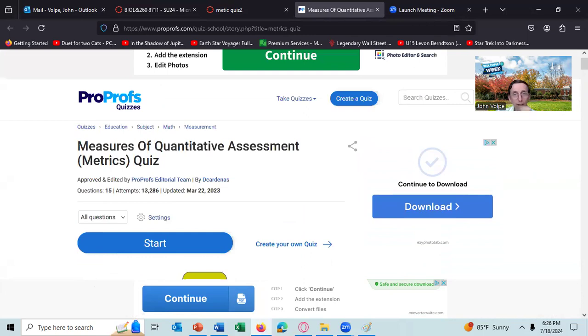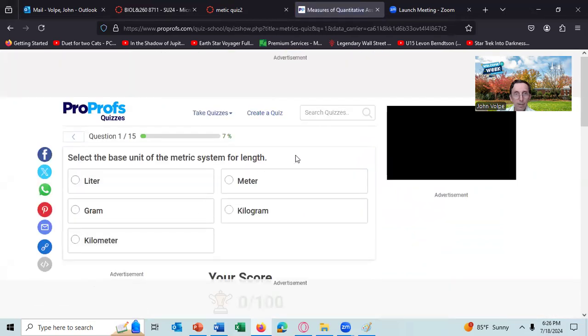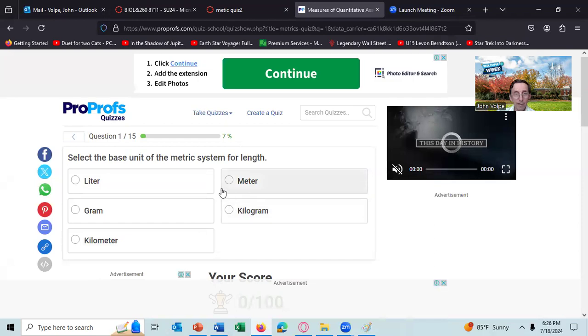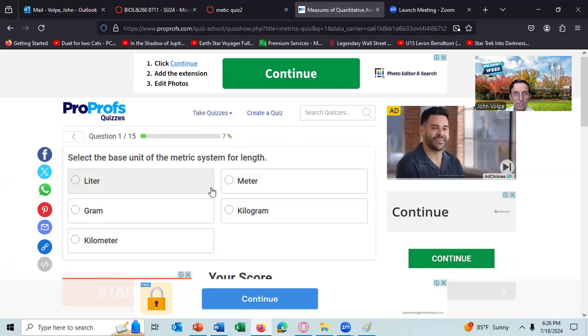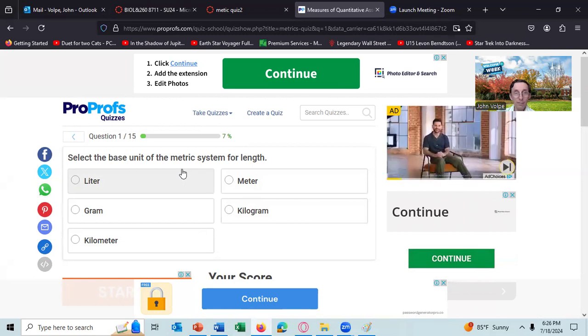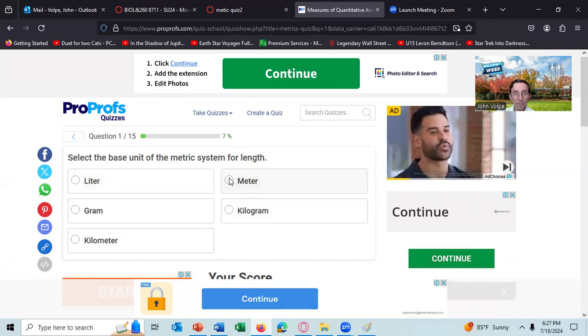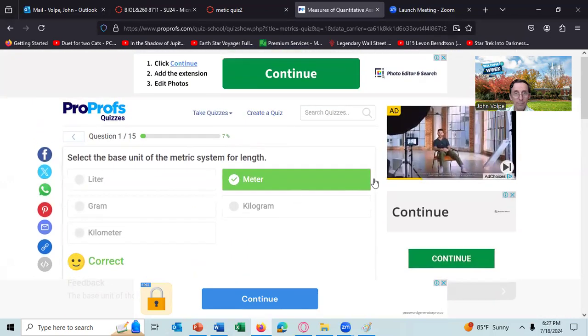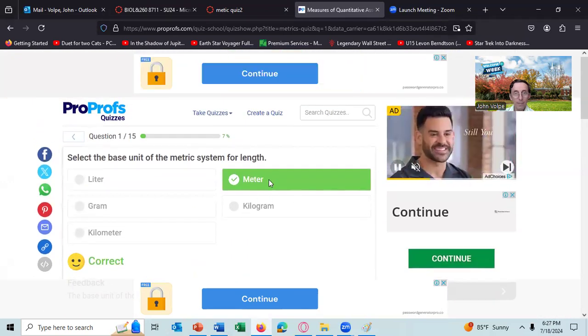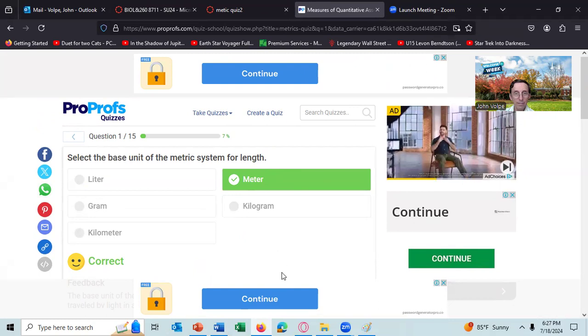Now be careful on what you click on. Don't click on the download, click on the start. And then it'll ask questions like the basic unit of the metric system for length is meter. Submit my answer. And if it shows green, that is correct.